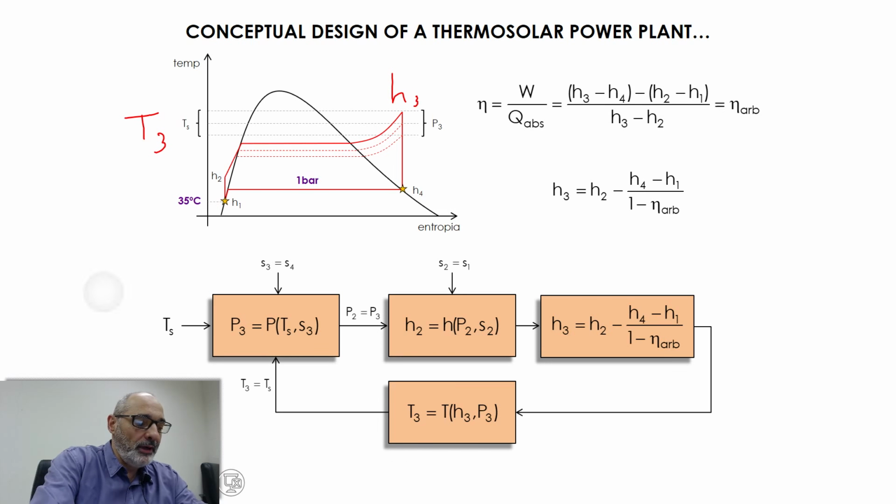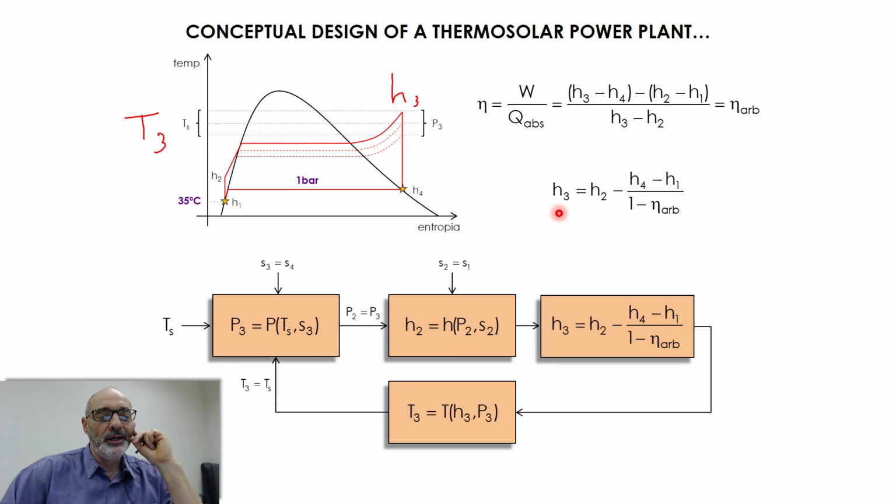So I have to solve this equation in order to calculate the pressure and the temperature here. Let's see how this can be done. From this expression, I can isolate the enthalpy at 3. So H3 is equal to H2 minus (H4 minus H1) divided by 1 minus the efficiency.